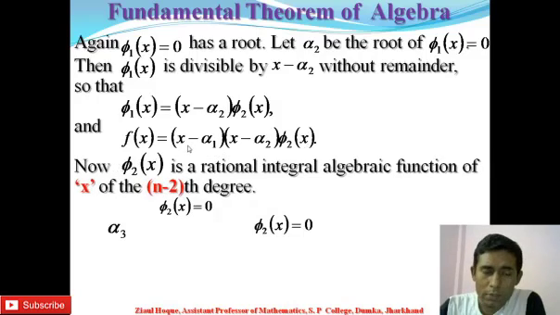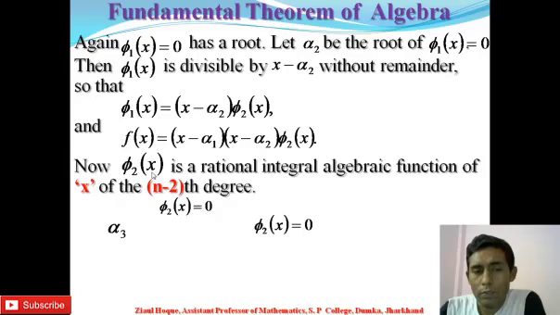Here x minus alpha 1 is of first degree, x minus alpha 2 is also of first degree. Therefore, together this quantity has degree 2. Therefore, phi 2x must be of degree n minus 2.